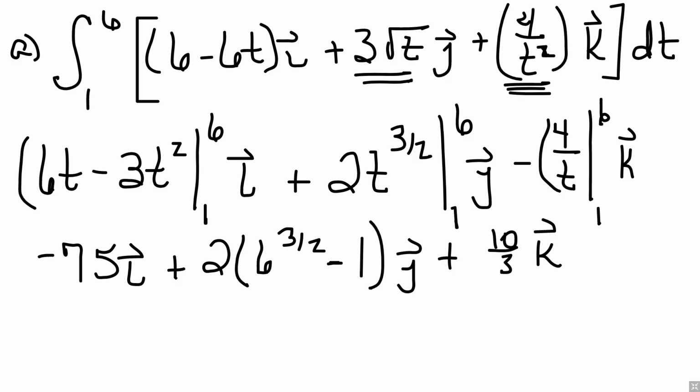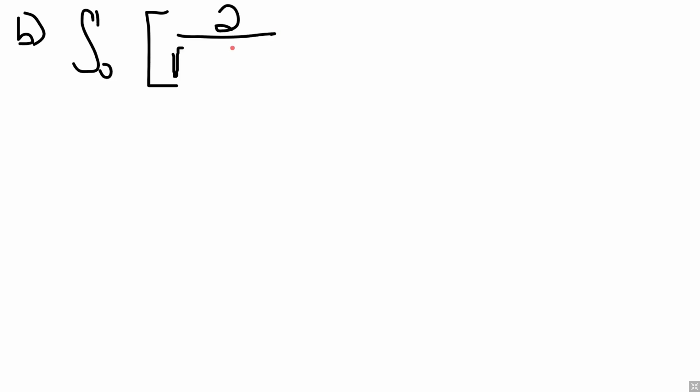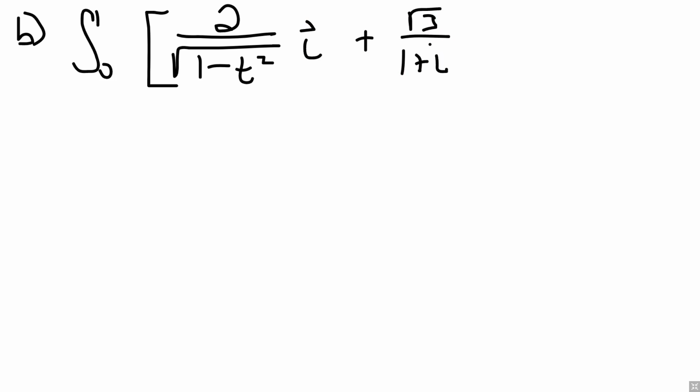Okay. All right, so let's take a look at the second problem. I have the integral from 0 to 1 of 2 over the square root of 1 minus t squared in the i direction, plus the square root of 3 over 1 plus t squared in the k direction, dt.